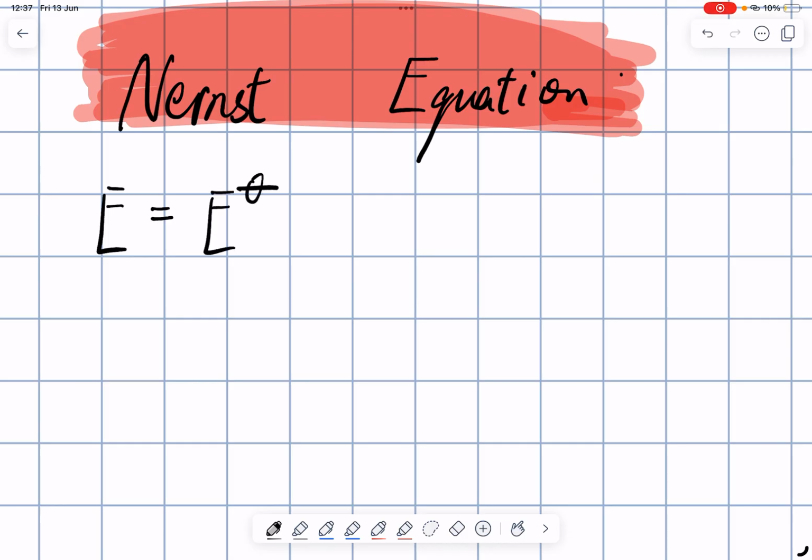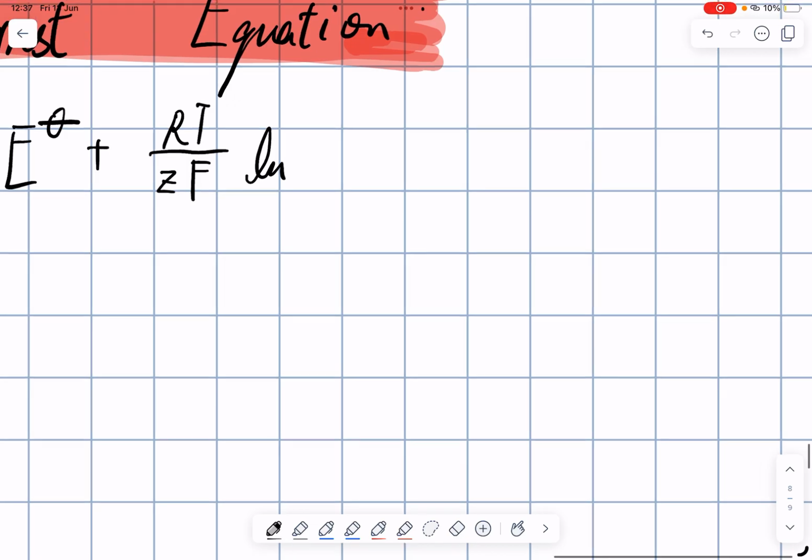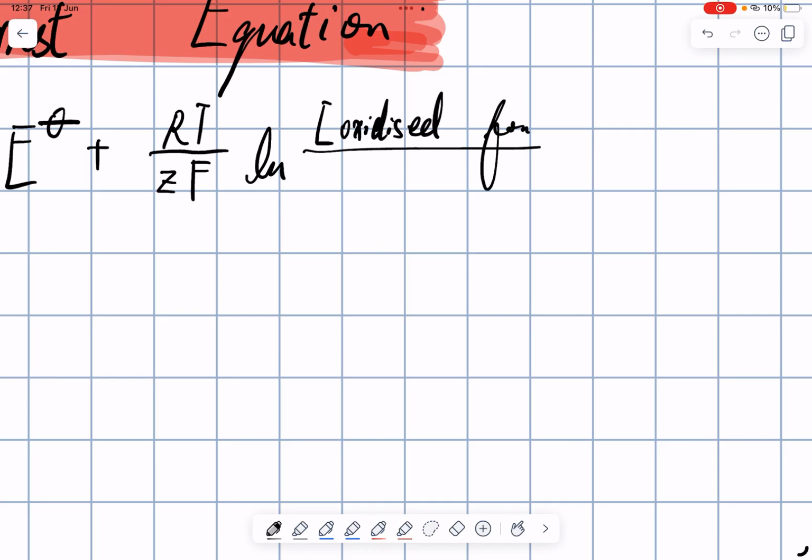E equals E standard plus RT over ZF, ln of the oxidized form over the reduced form. I will explain these quantities one by one later.